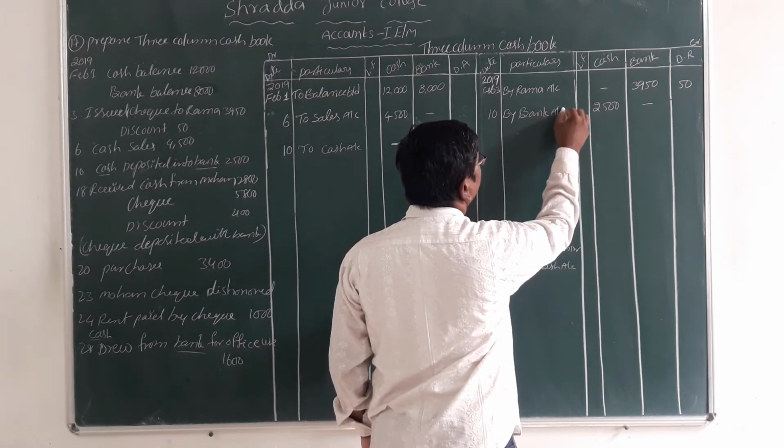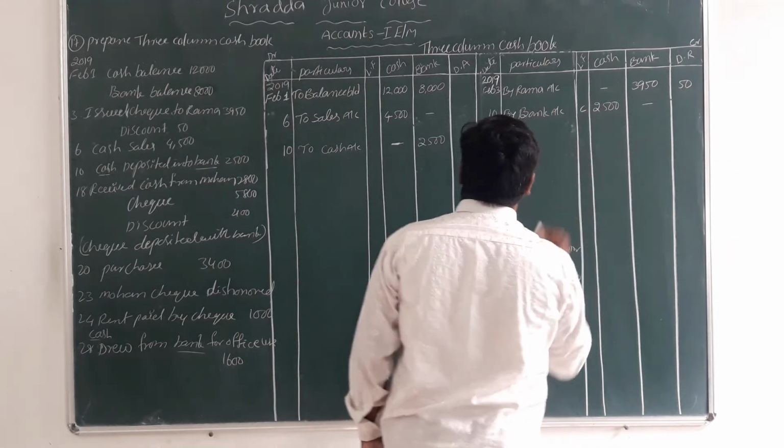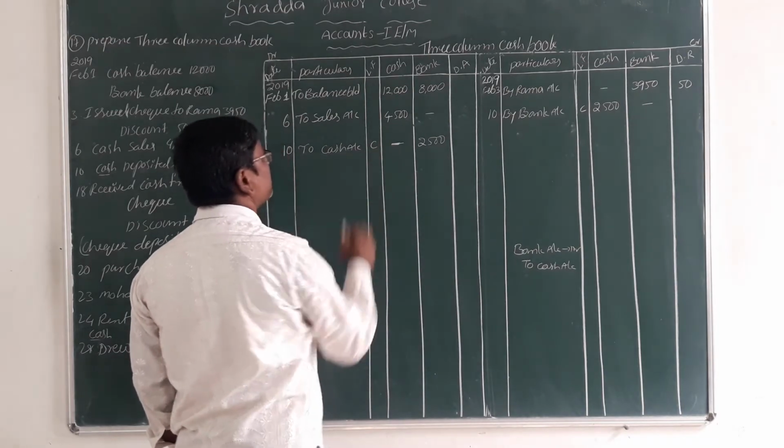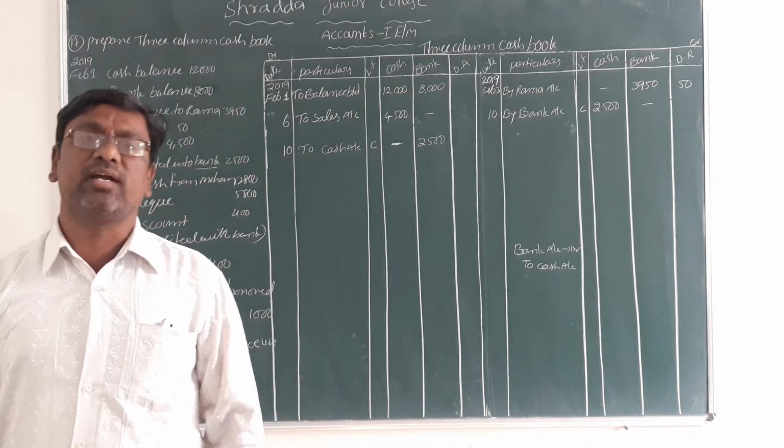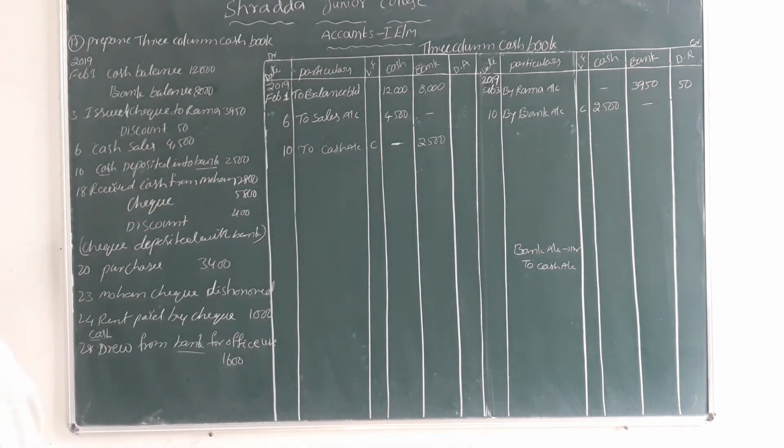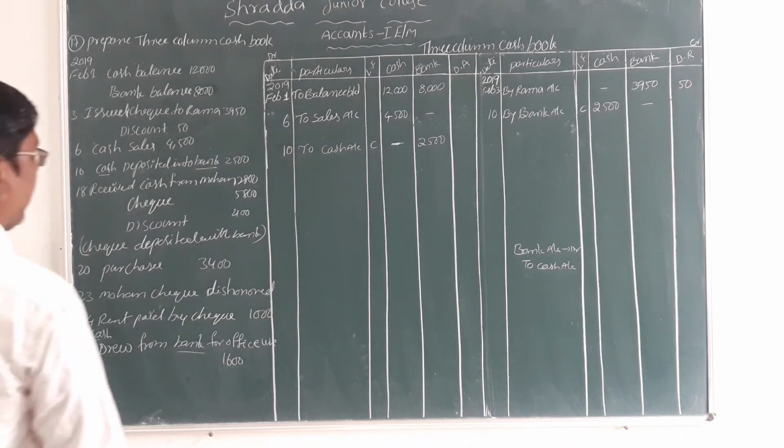Both are contra entry. That's why in the LF column we write C. C means what, students here? Contra entry. Contra entry means only same day transaction we record into debit and credit side. You record the debit and the credit side, students.